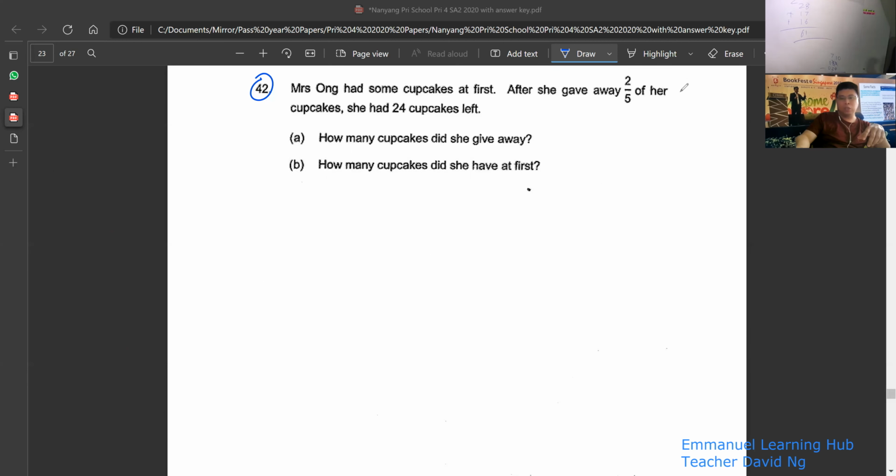She gave away 2/5 of her cupcakes. She had 24 cupcakes left. So you draw a model. The model must divide into how many parts? 5 parts.